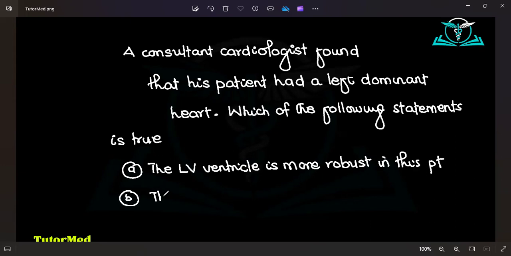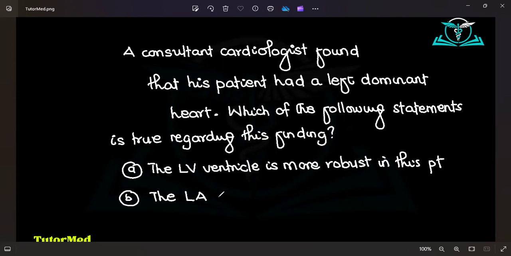Okay, so which of the following? Because I think if I don't modify the question, it will be ambiguous, because you know that the left ventricle is more robust, isn't it? So, which of the following statements is true regarding this finding? Then we have narrowed the question, isn't it? A, the left atrium is more robust than the right.